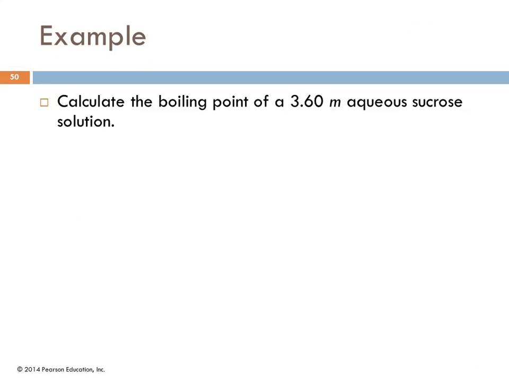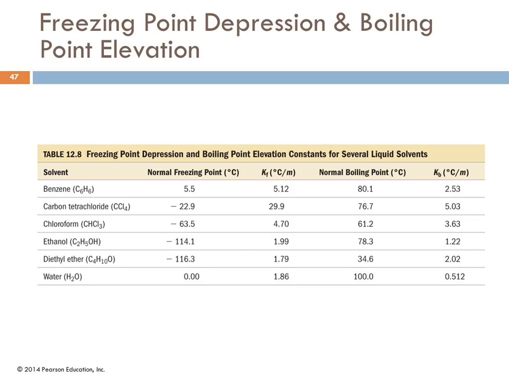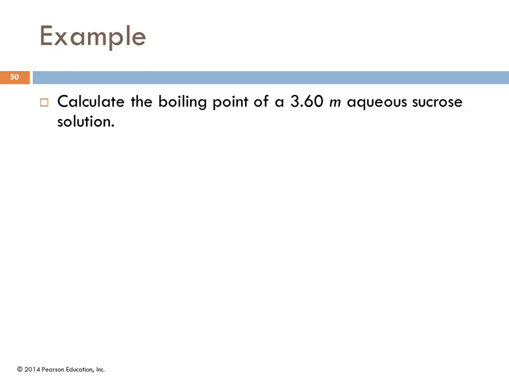Calculate the boiling point of a 3.6 molal aqueous sucrose solution. So we need that elevation constant, 0.512. That's for water. So Kb equals 0.512 degrees Celsius per molal.